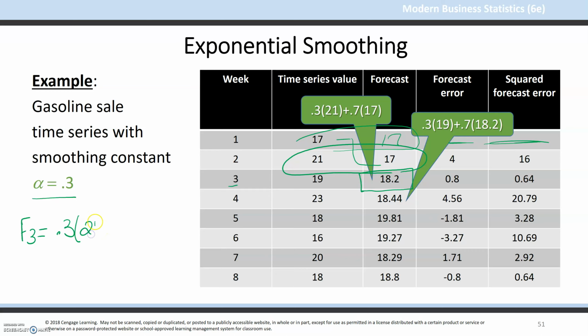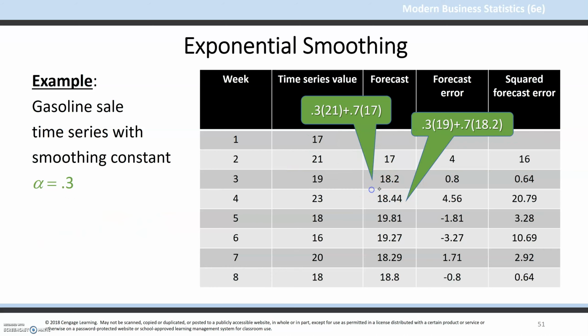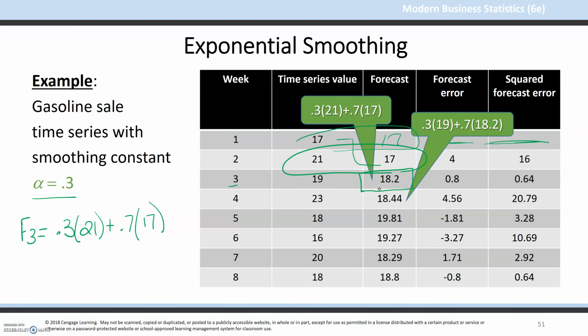The actual amount sold was 21,000 gallons, plus 1 minus alpha times the forecast, which was 17. And that gave us this forecast right here of 18.2. When we get our forecasting error, that gives us a forecasting error of 0.08.